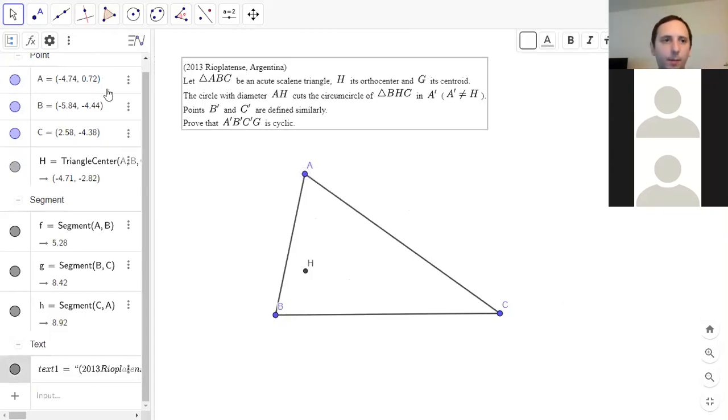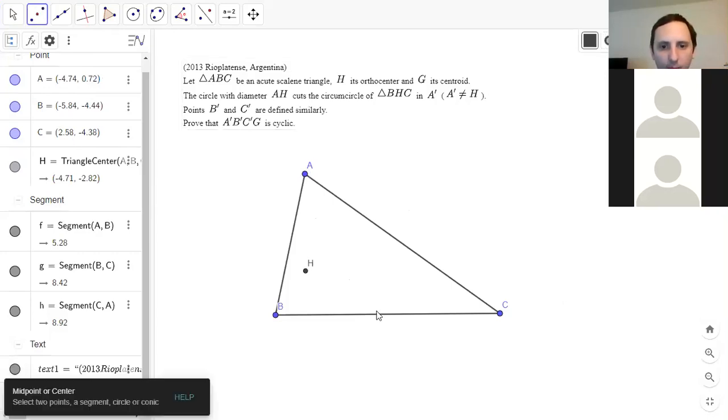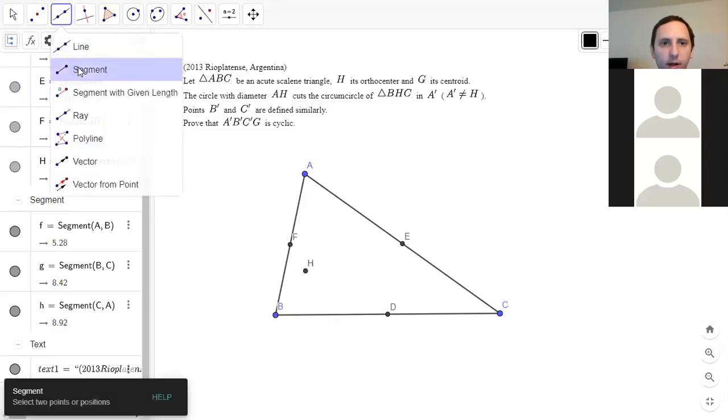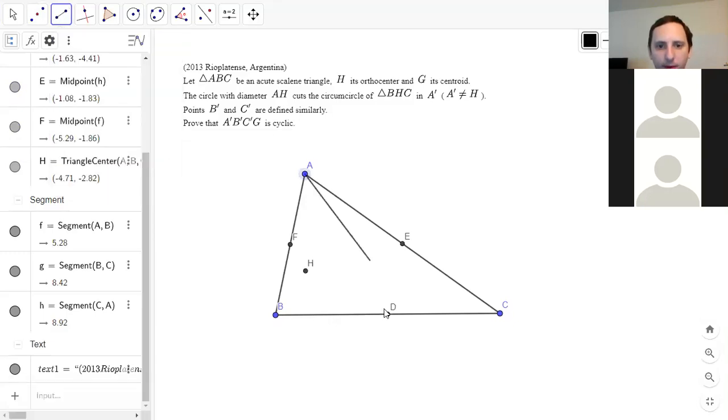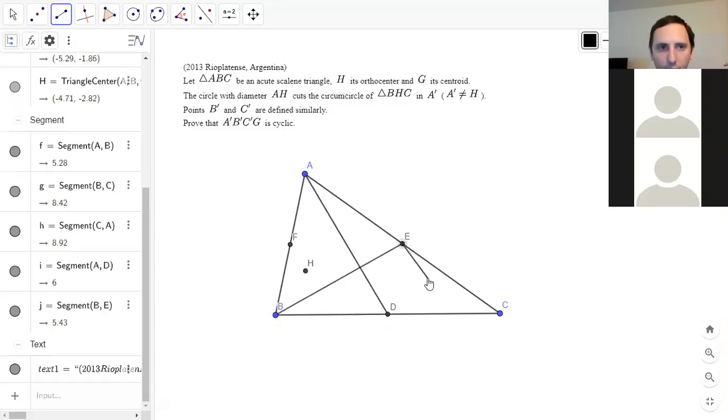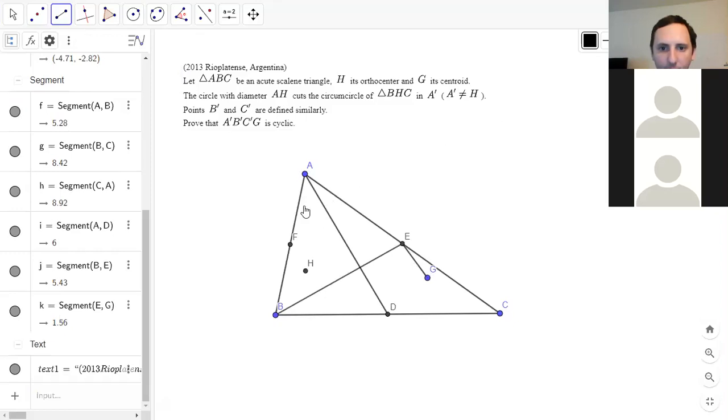So I'm just going to draw the medians for now. I'm not sure how many of you have seen this before, but the point A prime is actually the perpendicular from A to HD. So this is nice. So G is the centroid.